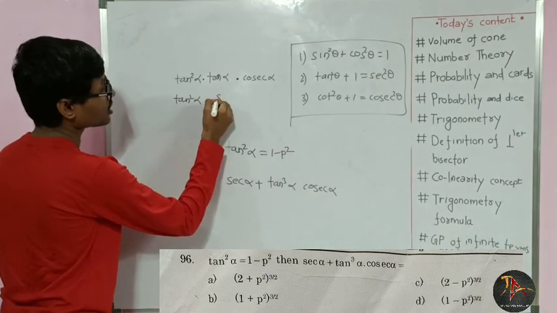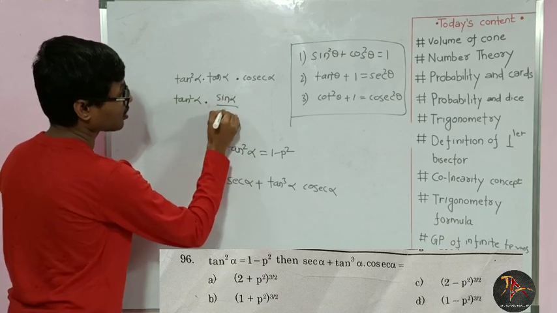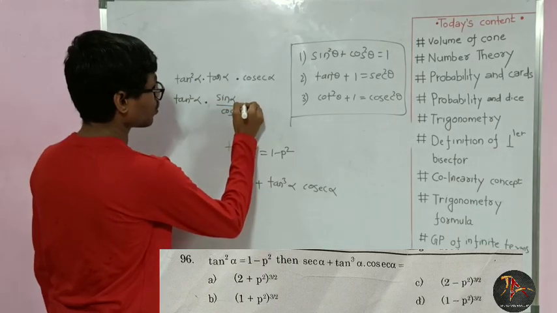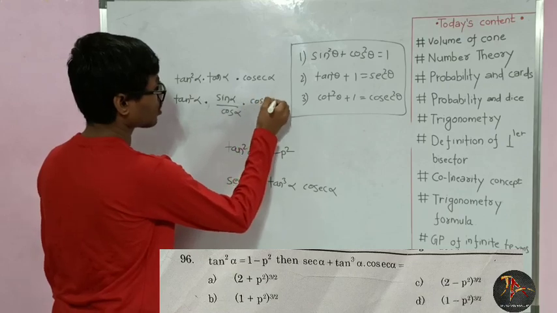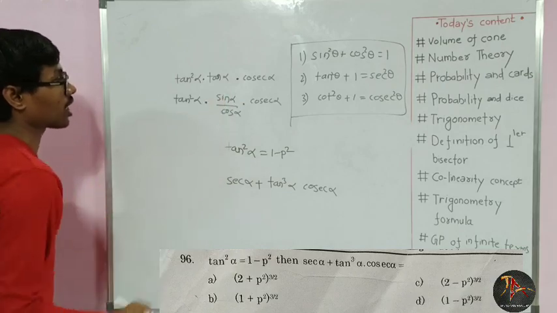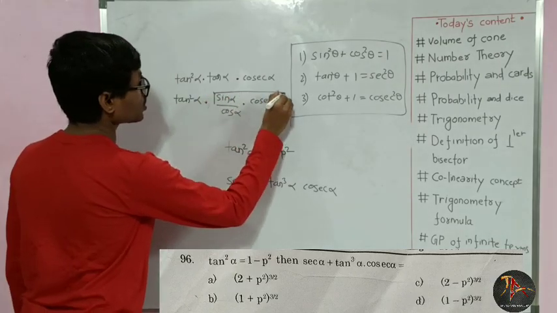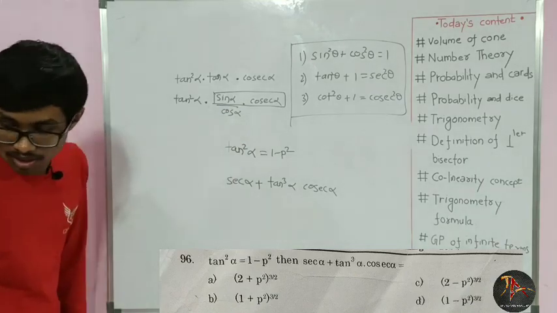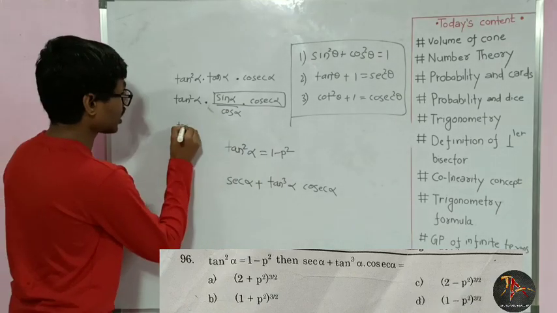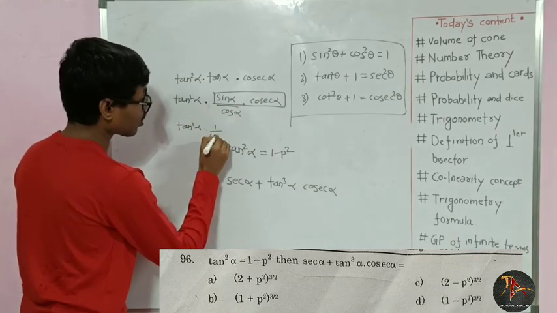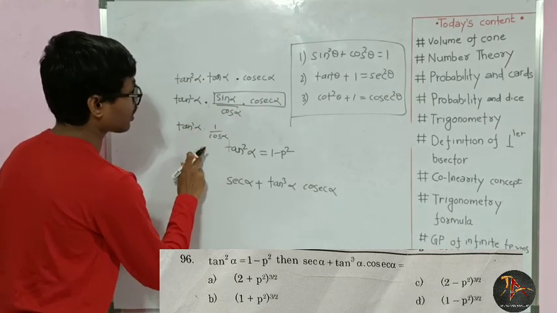Now tan alpha is sin alpha by cos alpha, so sin alpha divided by cos alpha into cosecant alpha. Cosecant alpha is the reciprocal of sin alpha, so sin alpha into cosecant alpha will be 1. So tan square alpha into 1 divided by cos alpha.